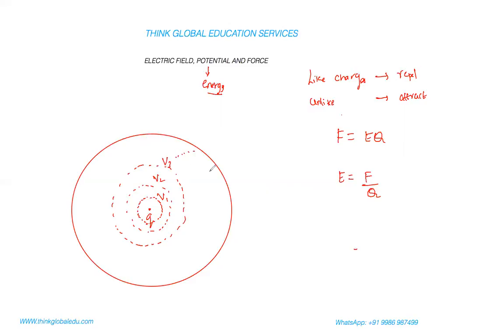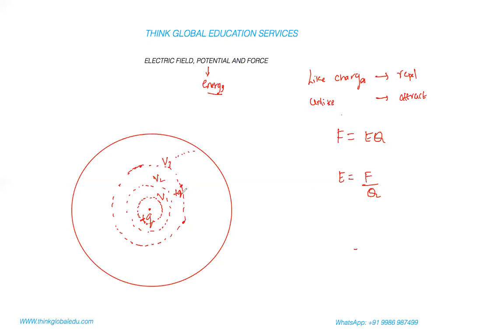Here is the plus Q charge. Now I bring another plus Q charge to this position, that is position V3. The potential along this concentric circle V3 is the same. If I place it here, it is V3, and if I place it here, also V3, and here also V3.